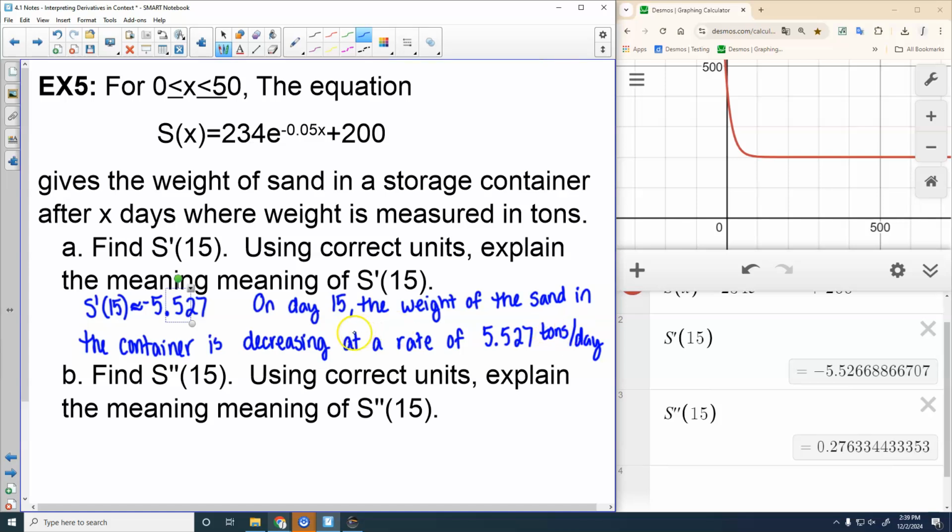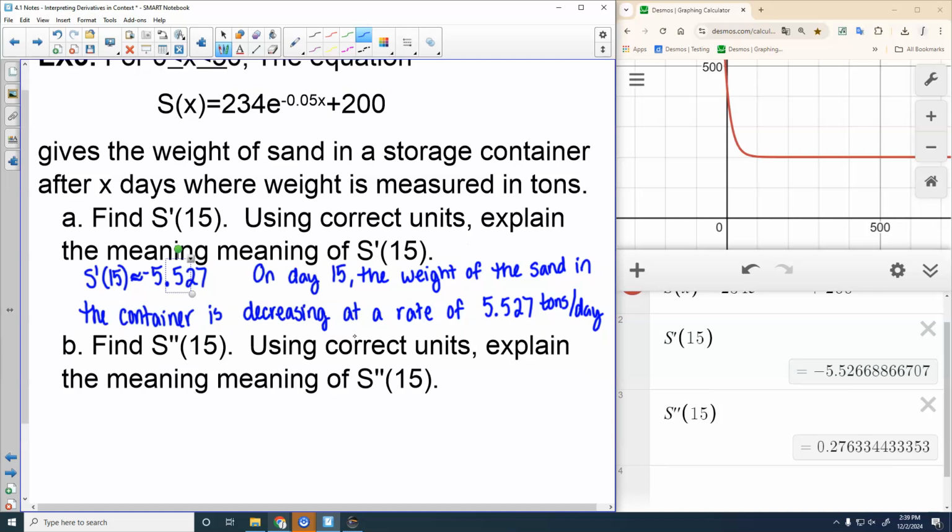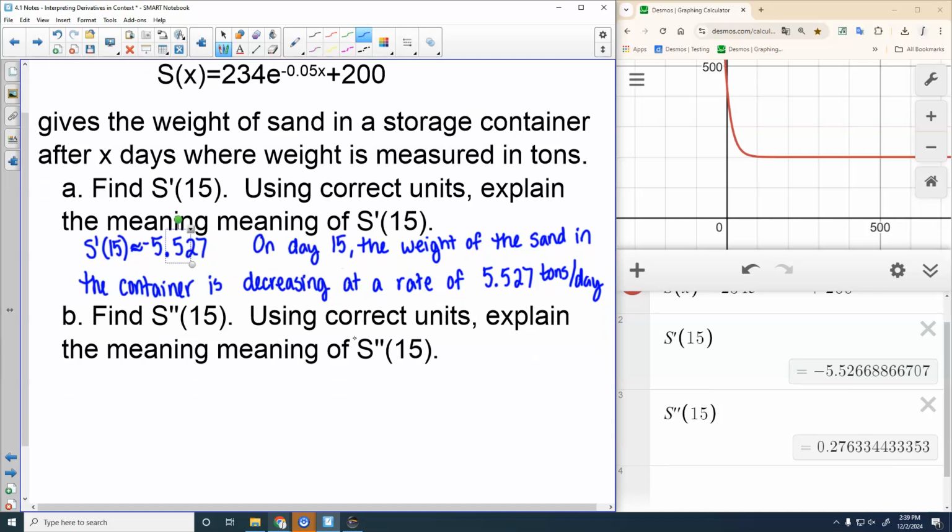All right, now I always think the second derivative is confusing. It's like acceleration. So you can think about driving in a car, whether you're speeding up or slowing down. But to me, it's a little confusing whenever you're thinking about other contexts.